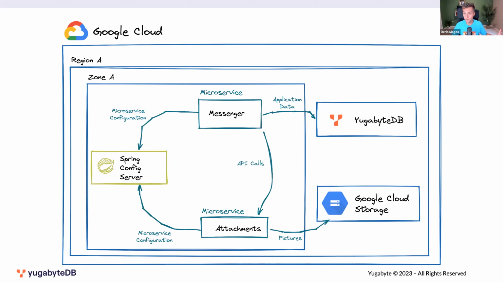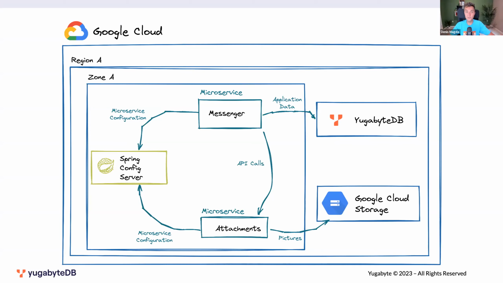If you're using another cloud environment, you can use AWS S3 or whatever is better for you. And the Spring config server, think about it as some utility microservice. Both messenger and attachments go to the Spring config server to load configuration. The configuration includes details such as database connectivity options, different logging parameters, etc.